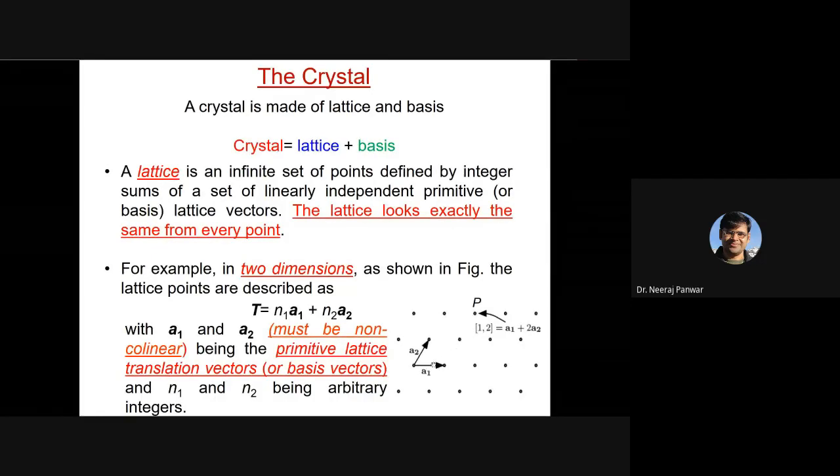So when we translate from one lattice point to another, if the arrangement and orientation of lattice points is the same, then it is known as a periodic lattice, or by another name, a Bravais lattice. If we have a periodic arrangement with similar arrangement and orientation of lattice points, it is known as a Bravais lattice in 2 dimensions. Similarly, we will see the Bravais lattice in 3 dimensions.